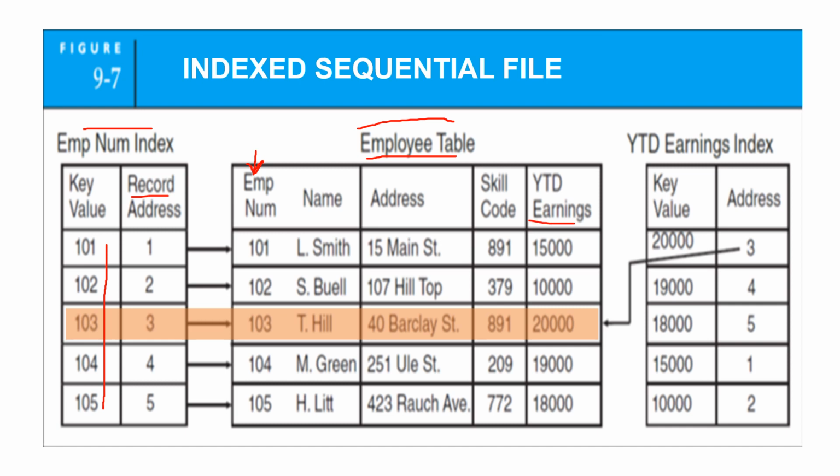But in this table, the YTD earnings index, the key value is what we call the sequential index, based on the value of the amount. So you will see here it starts from the big to the small. So this is the sequential index table.